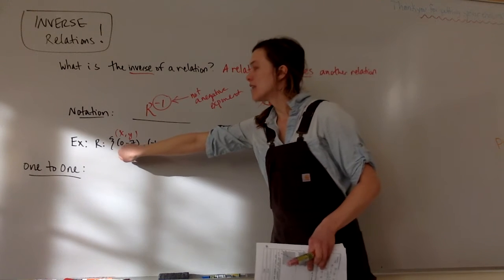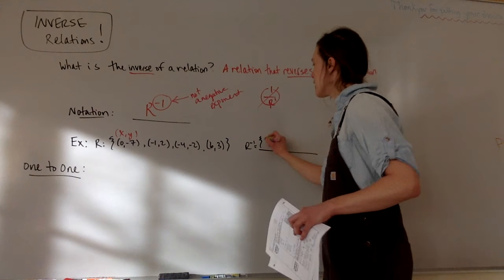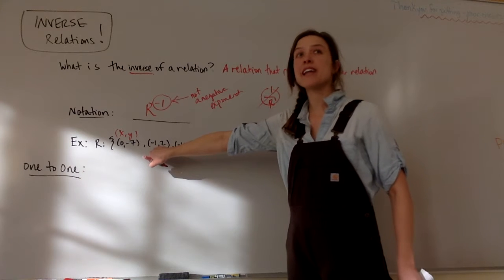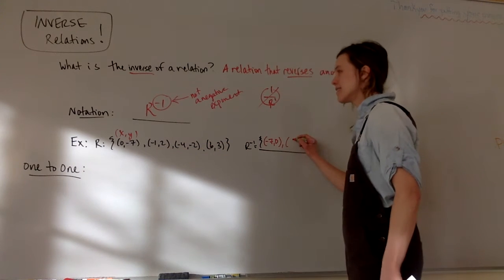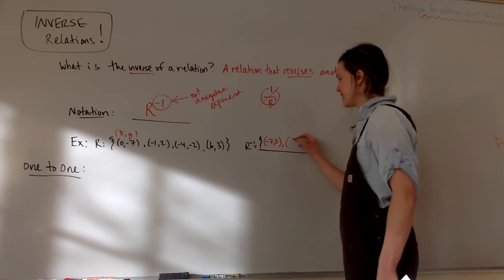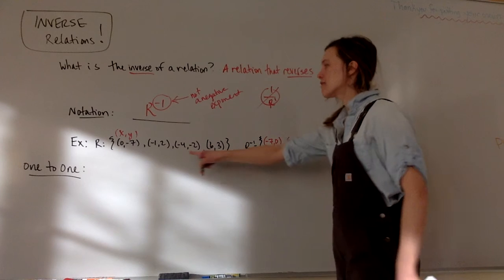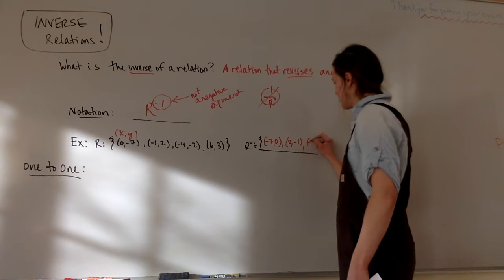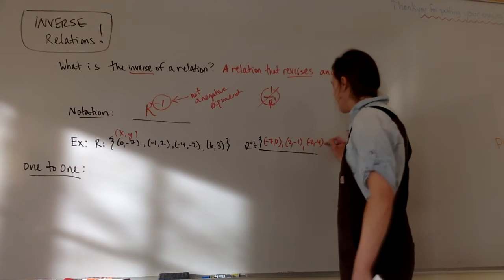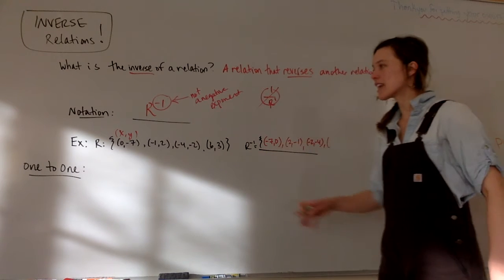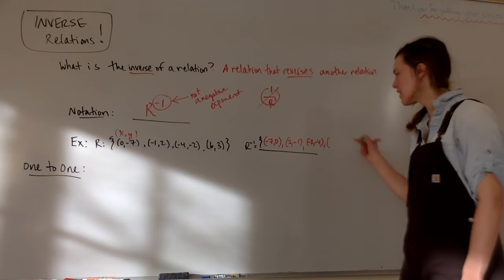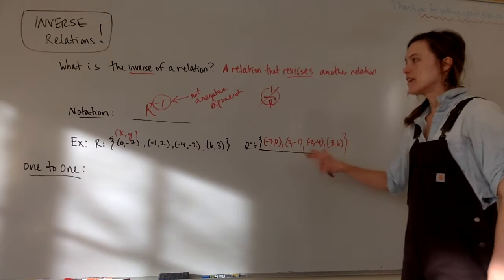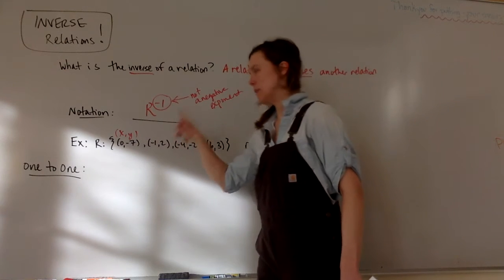So my inverse of (0, -7) would be (-7, 0). My inverse of (-1, 2) would be (2, -1). My inverse of (-4, -2) is (-2, -4). And then finally, the inverse of (6, 3) is (3, 6). So we're just reversing the coordinate points.